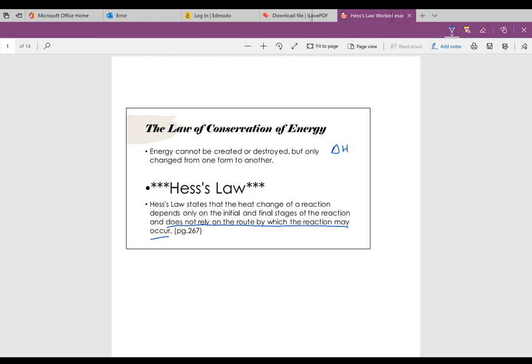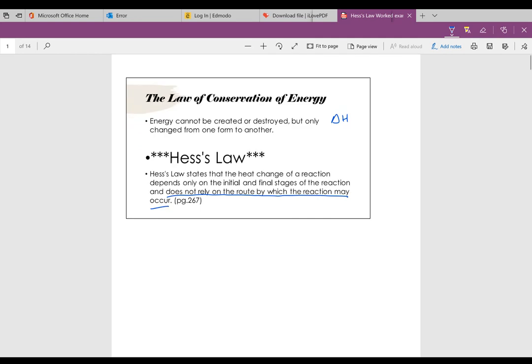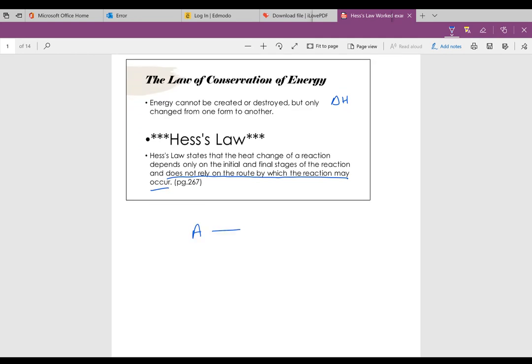In other words, some reactions go from A to B. Some go from A first to X, some intermediate stage, then to Y, another intermediate stage, and then eventually get to B. The idea of Hess's law says that the delta H here is exactly equal to the delta H here, delta H being the heat change. So the route or the amount of steps doesn't matter as long as the reactants become the products.